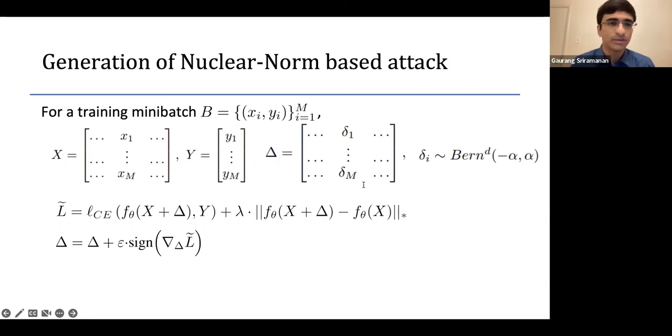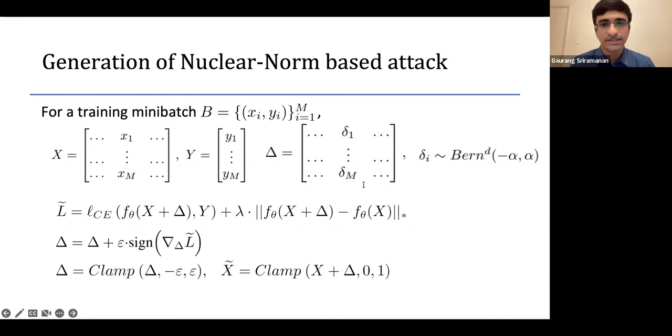Finally, the attack is clamped to be within the considered threat model and to the normalized range of pixel intensities, which is generally 0 to 1, which is the most common setting in some sense. Crucially, maximization of the nuclear norm leads to an increase in the singular values of the matrix F(X plus delta) minus F(X). And this helps result in more diverse attacks, though it's just a single-step attack.